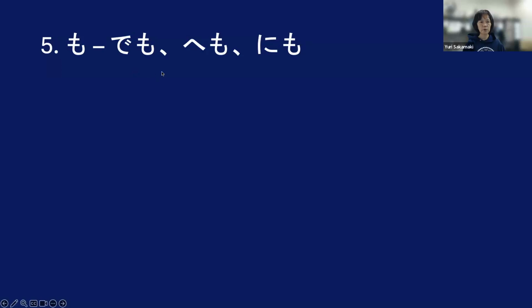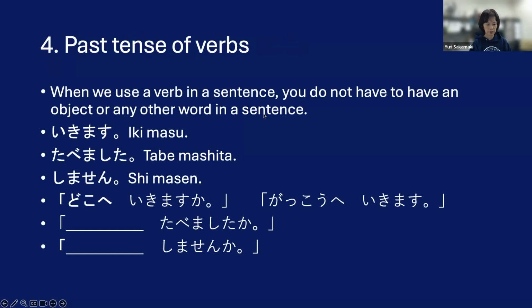Here in lesson 4, the new usage of も is you can use it with で, like place で も together, and でも. Or if you're going somewhere, but you're going to 2 places, then you can say へも or にも, and in a second sentence, you can say I also go somewhere.